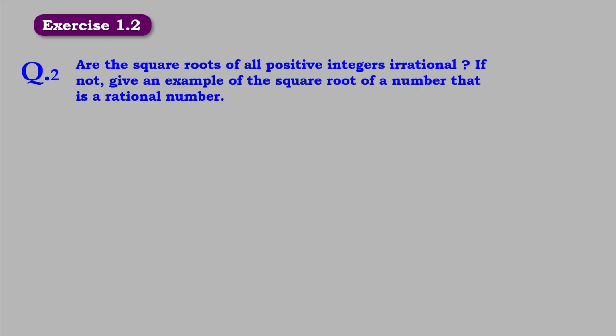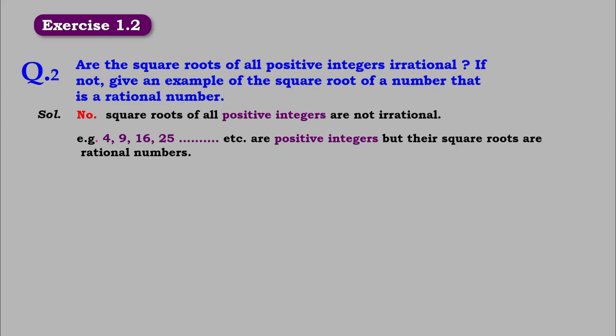Now, next problem. Are the square roots of all positive integers irrational? If not, give an example of the square root of a number that is a rational number. So, this is a false statement. The square roots of all positive integers are not irrational.